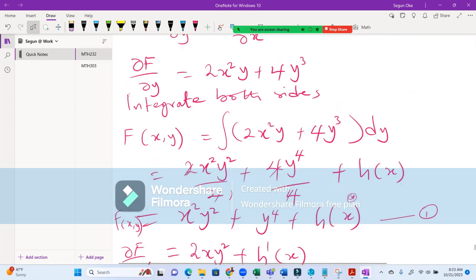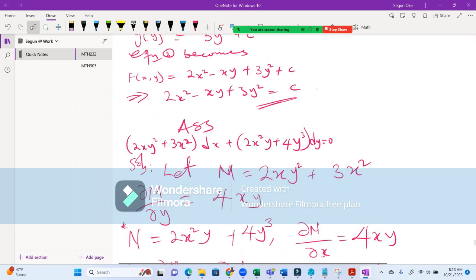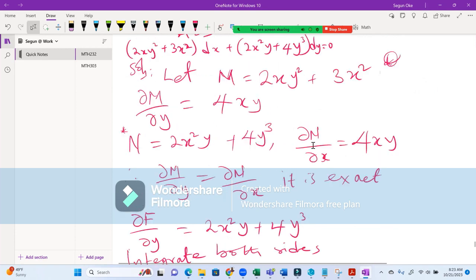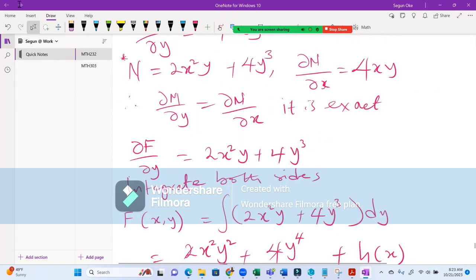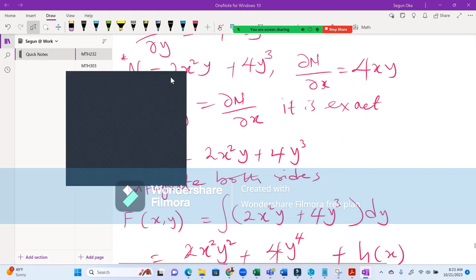Remember, you equate it to this m that we have here. If you used m with respect to y, you equate it to n. Right, so that is what we will do.